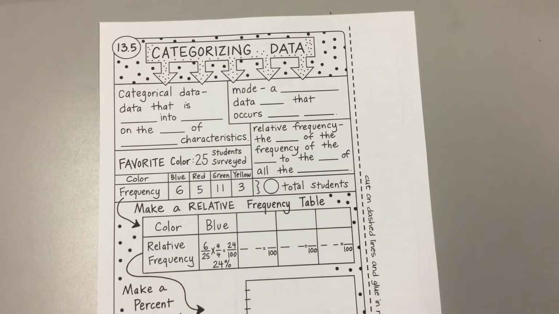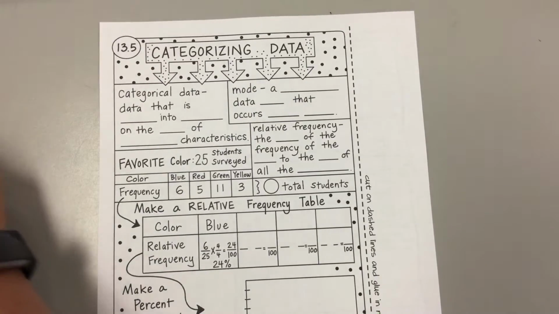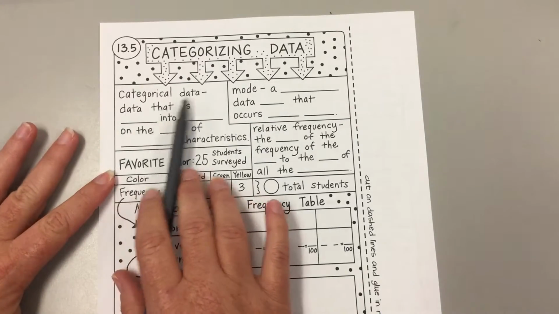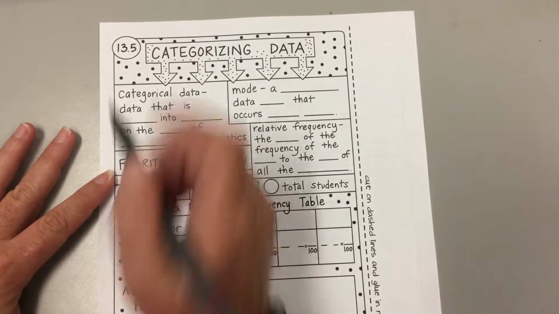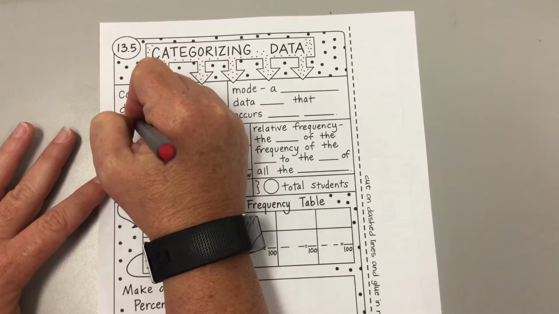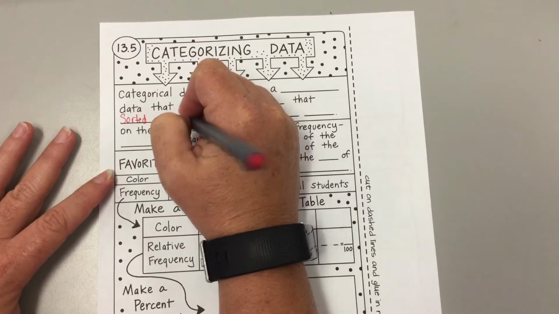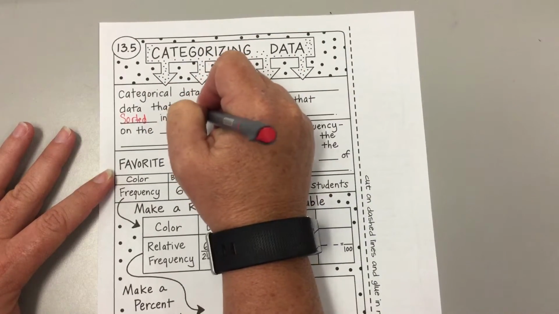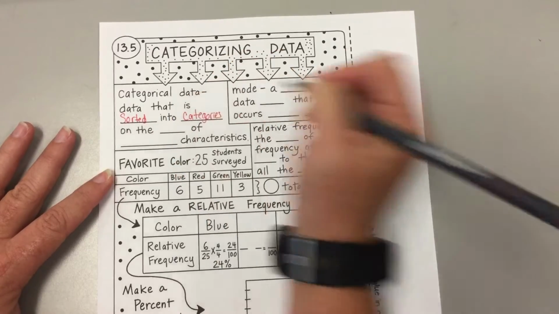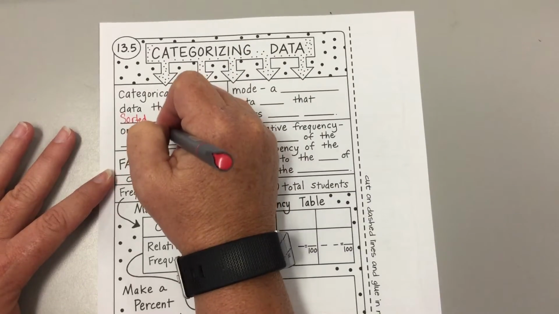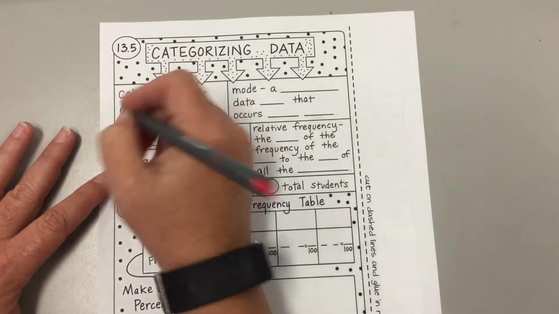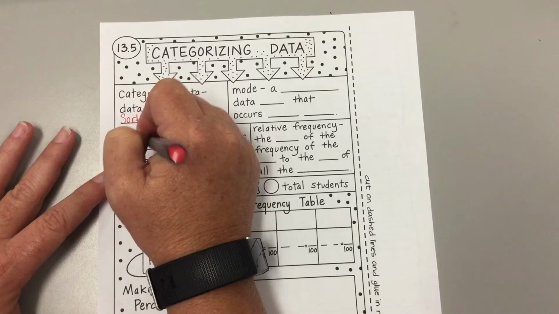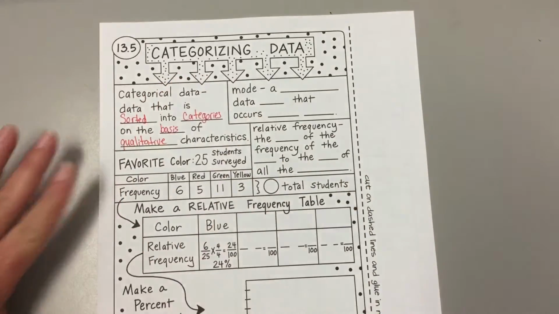All right, today's lesson is going to be on categorizing data. Categorical data is data that is sorted into categories, hence the word categorical, right? On the basis of qualitative characteristics.